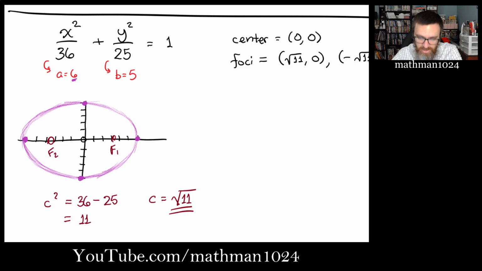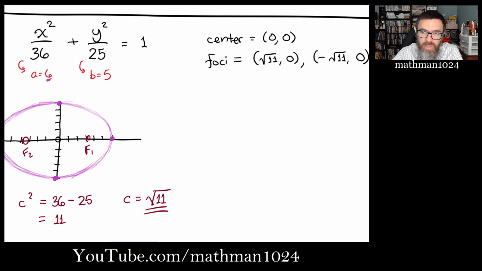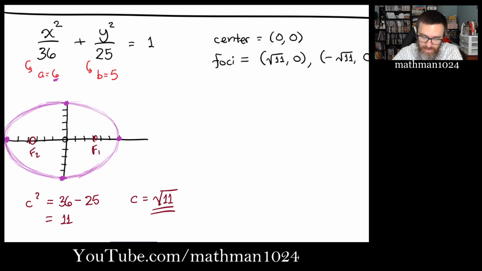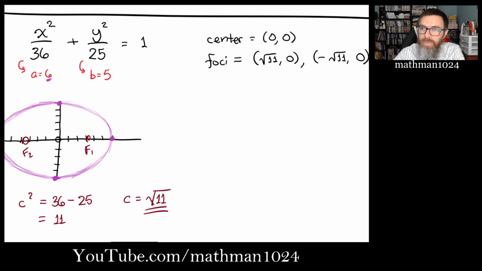Well, that is just a little bit off. Okay, so should make that a little bit better. Now, you can also write this and say plus or minus the square root of 11, 0. Since these guys can't be simplified to anything else, you just leave it like that and you just move on.